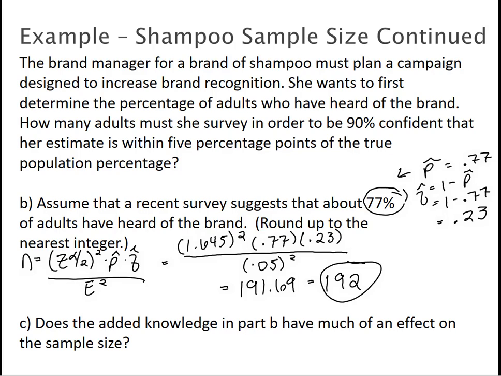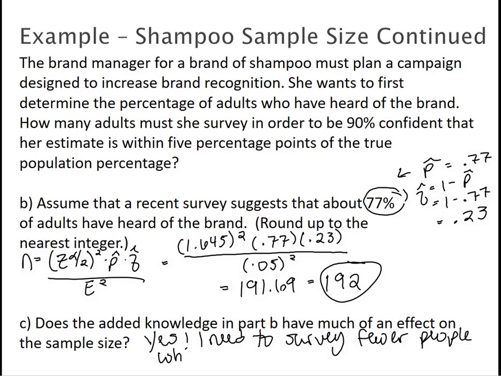So yes, I need to survey fewer people when more knowledge is known. All right, and you should be good to go for that problem.